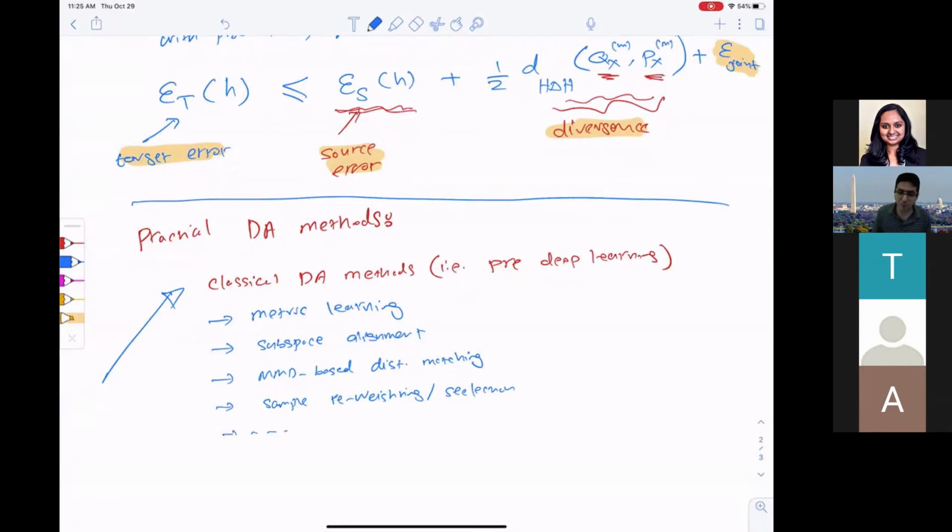Most of these are pre-deep learning, and they're mostly based on linear algebra solutions, closed form solutions, trying to map either distributions or some subspaces of source and target distributions into a common space.